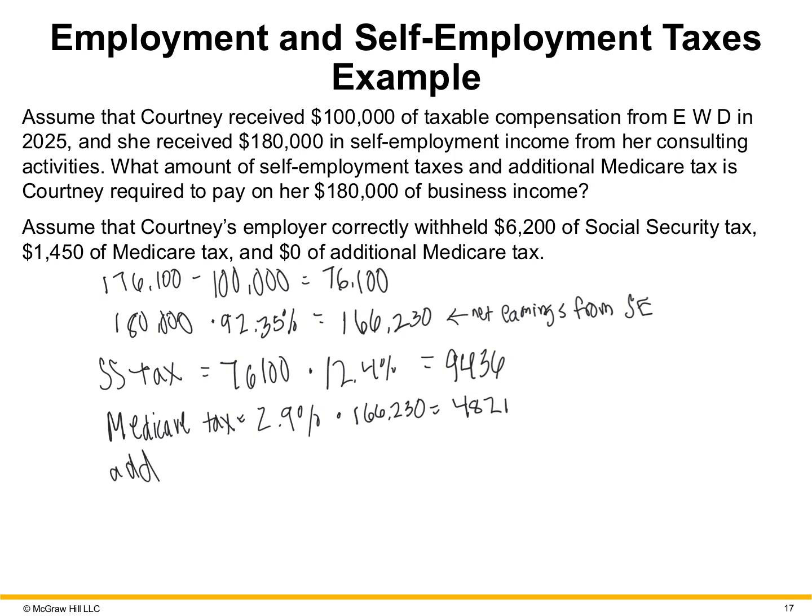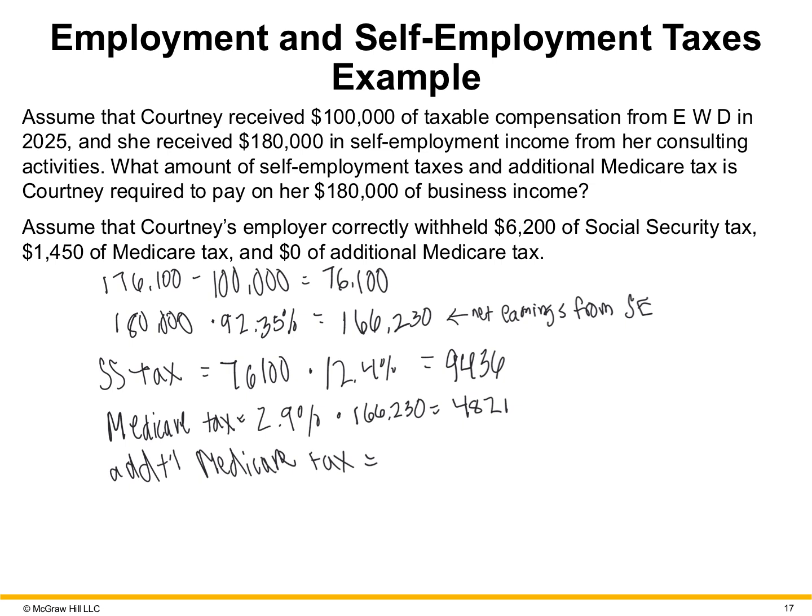Then to calculate the additional Medicare tax, a little sub step we'll have to do first is we'll have to add the taxpayer's compensation and net earnings from self-employment together. So the compensation, I'm going to come off to the side over here.